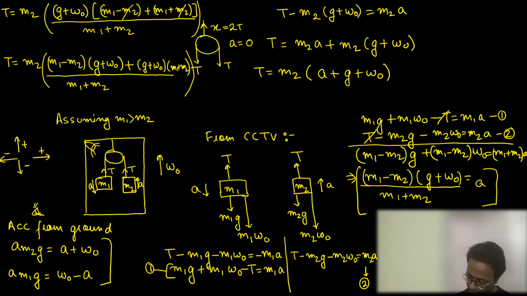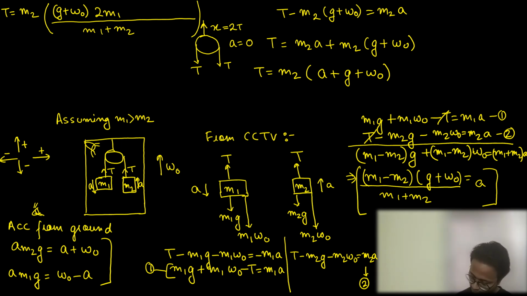So this entire thing gets replaced by 2m1. Understood this much? So again, if I solve this, T is equal to 2 m1 m2 by m1 plus m2 into g plus omega naught.